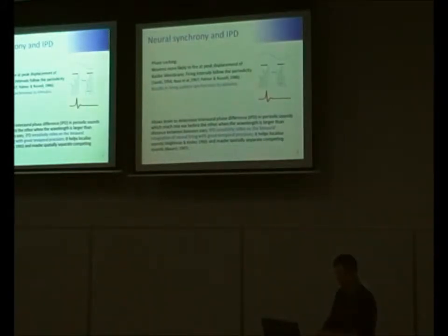By doing so, this allows you to have access to the interaural phase differences. And the interaural phase differences are basically the minute differences in time that occur when a sound is, for example, to your left and reaches your left ear and your right ear. You're going to have an interaural phase difference because of that very small time difference.